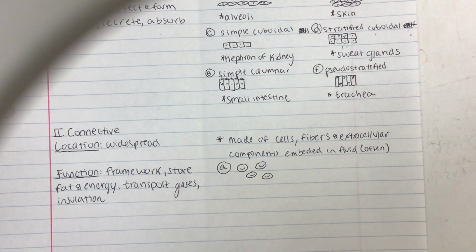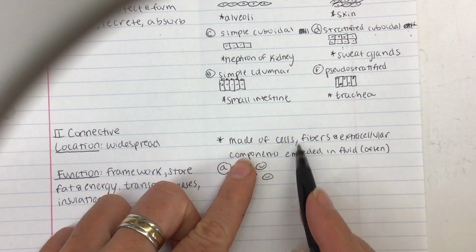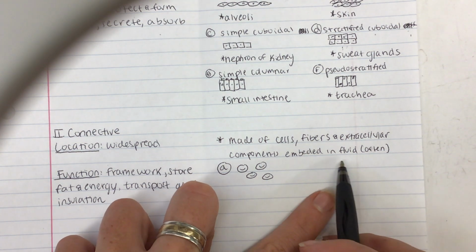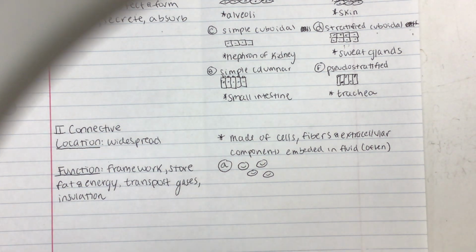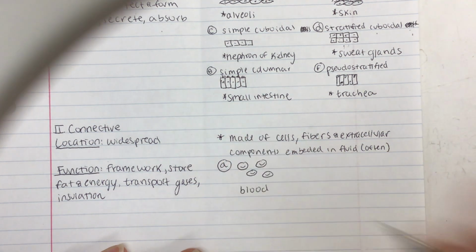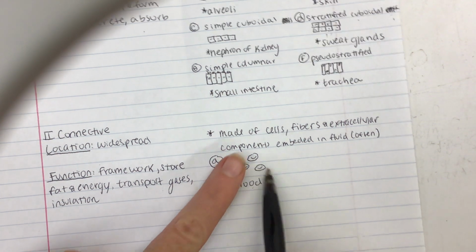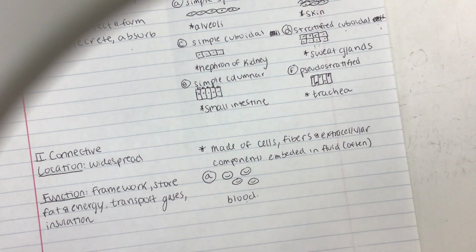If you guys have ever seen platelets, they're always illustrated as little white particles that are found in blood that help with clotting. That would be an extracellular component. So you can see blood is exactly what it says here: fibers, extracellular components, and cells all embedded in fluid. And that is a tissue. So we'll label that blood. Okay, and blood, you can see, would be doing the function of transporting gases if we're looking at red blood cells. They carry oxygen and carbon dioxide to and from the body cells.